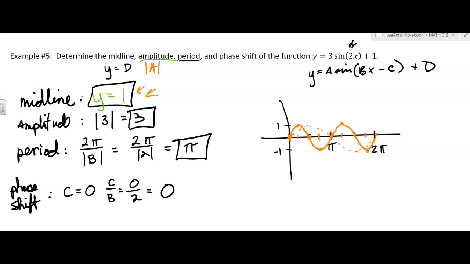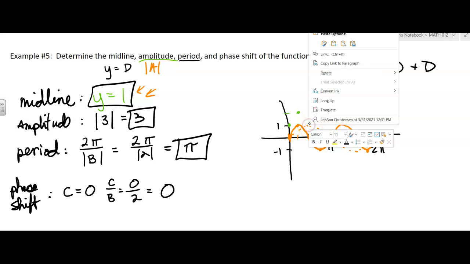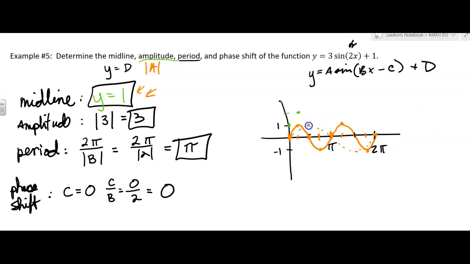So we'd have to take all our points and move them up 1. So that'd be one period right there.